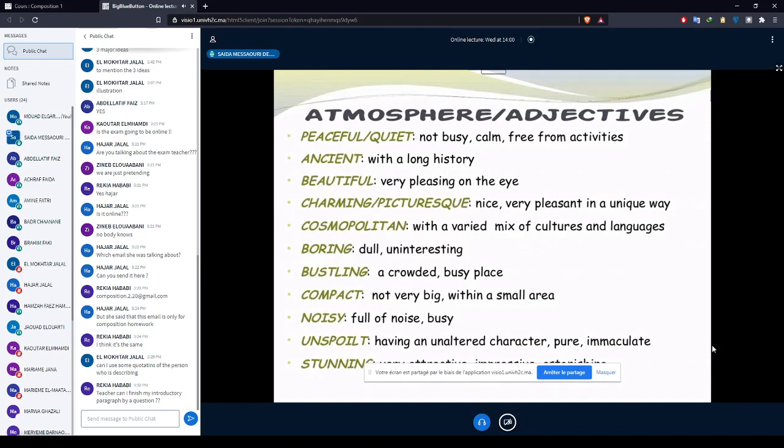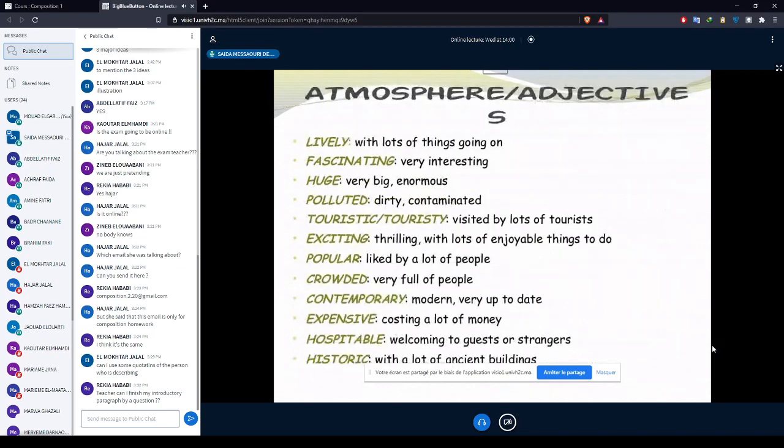It depends on what you are describing. Bustling, a crowded, busy place, like the marketplaces in Morocco. Compact, not very big, within a small area. Noisy, unspoiled, stunning, lively, fascinating, huge, polluted. Touristy: generally we say touristy, not touristic.